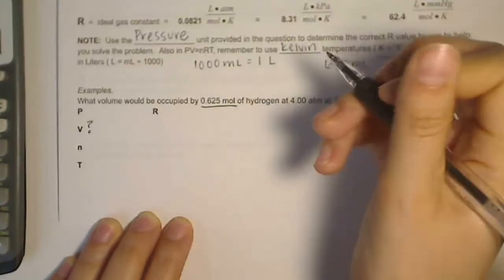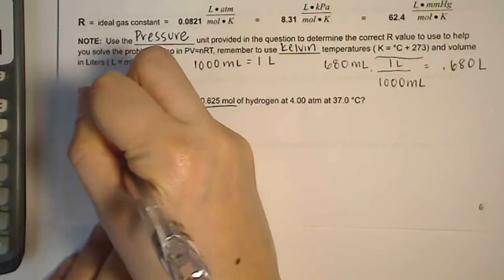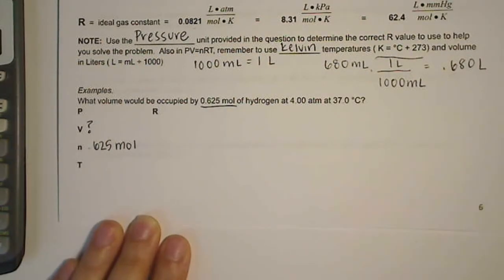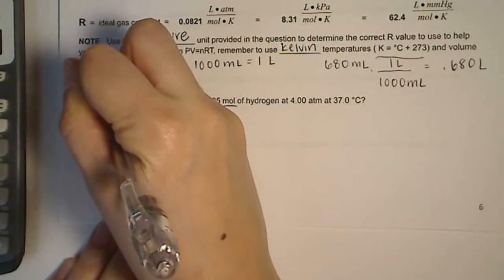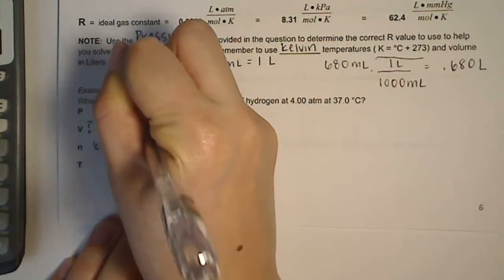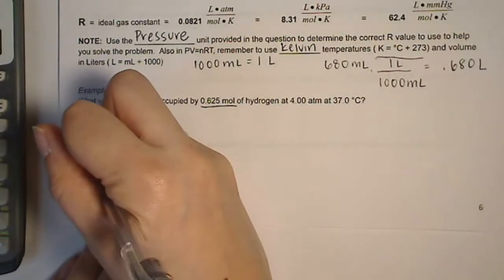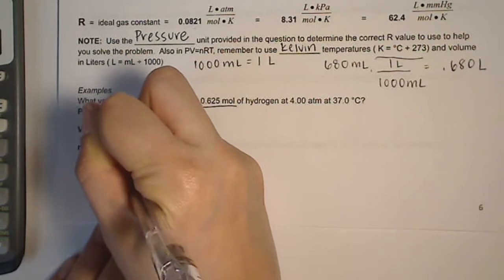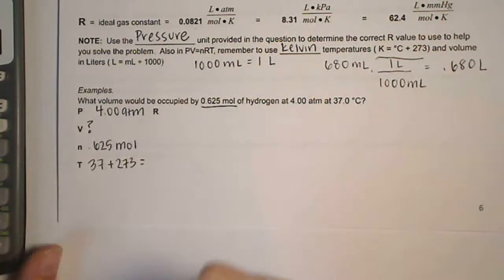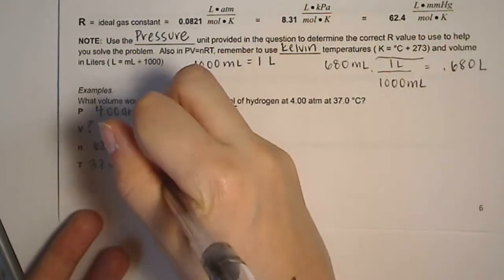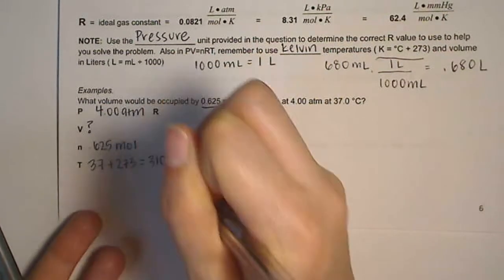Remember, moles is N. If I have 4 atmospheres, that is my pressure, and my temperature is 37 degrees Celsius. Remember, we cannot have this in degrees Celsius. We have to add 273 to that, so that will get me 310 Kelvin.